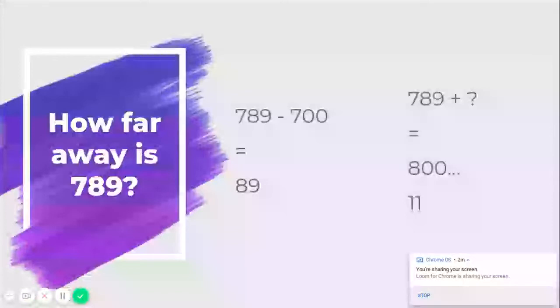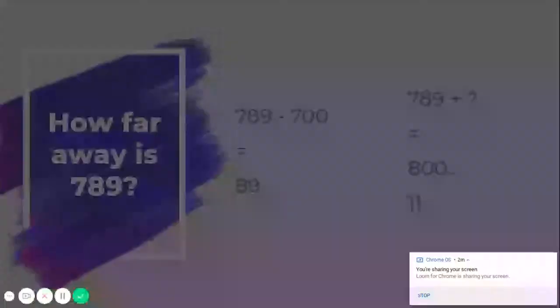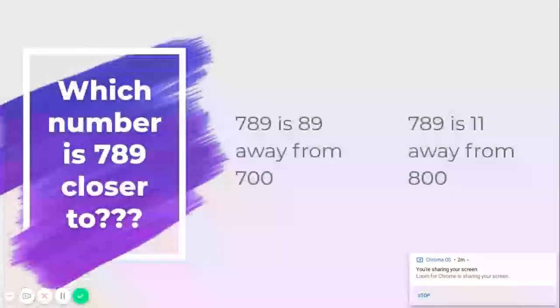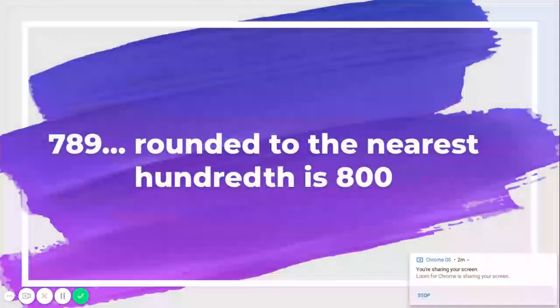So we know that 789 minus 700 is 89, and then we can figure out pretty easily, either by doing 800 minus 789, or trying to figure out 789 plus what equals 800, that 789 is 89 numbers away from 700. 789 is only 11 numbers away from 800, which means that 789 is closest to 800, or rounded to the nearest hundredth would make it 800.